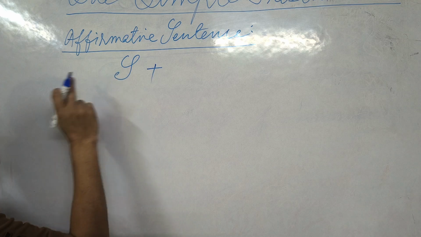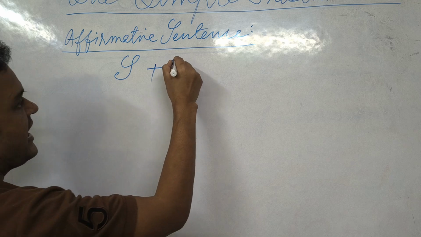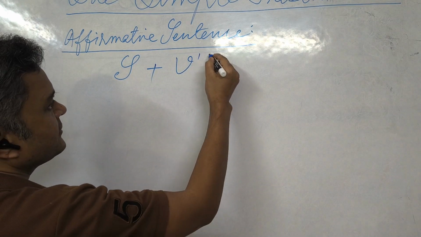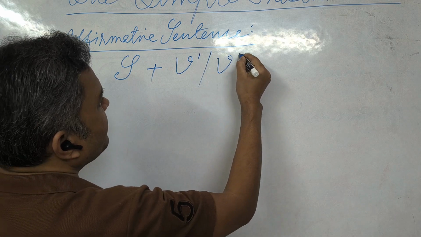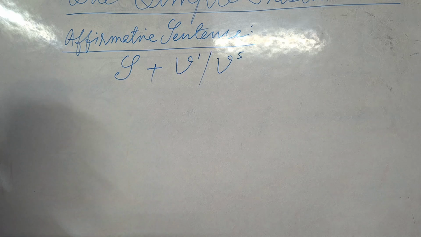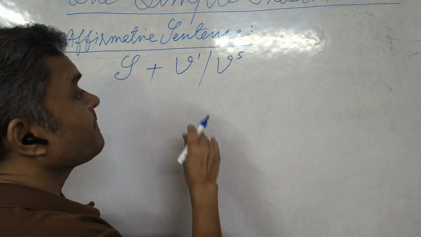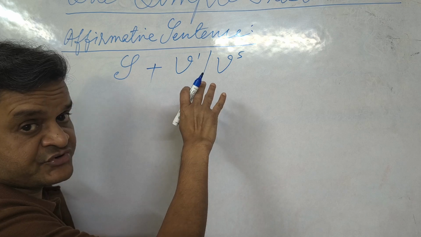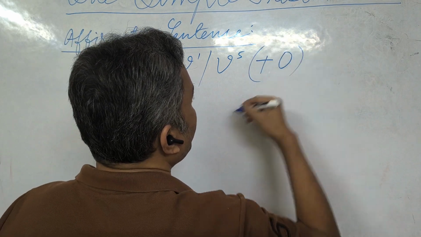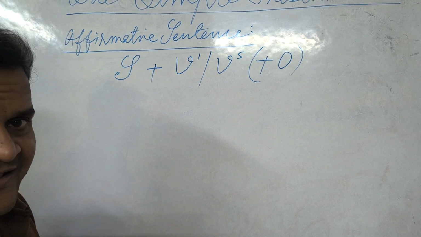So we start with the subject, and in this tense we use either V1 or V5 depending upon the number and person of the subject. And if the verb is transitive, we will use the object as well.